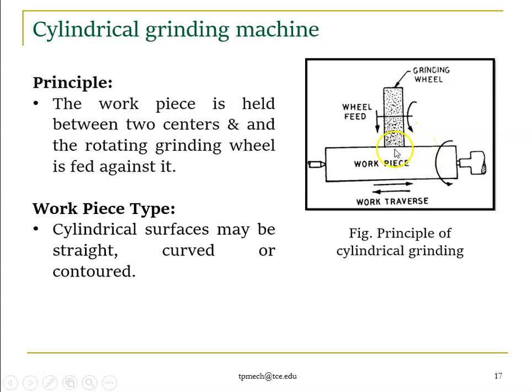Generally the surface would be cylindrical, but the surface of the cylindrical workpiece may be straight, curved, contoured or other shapes, right? So this is generally used for cylindrical workpieces. Again, it is similar to a lathe, only instead of a single point cutting tool we use a rotating grinding wheel.